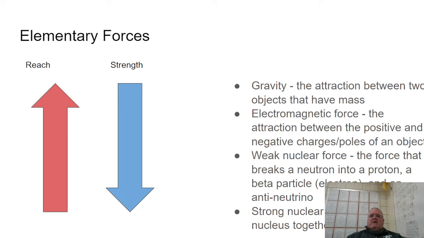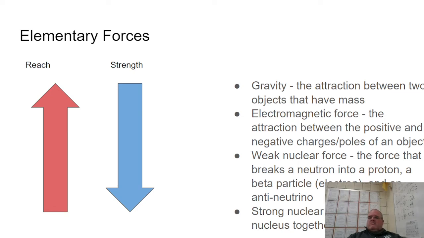The electromagnetic force has the next longest reach, because then we're looking at the attraction of opposite charges or poles, or the repulsion of like charges or poles, and that only acts over a fairly short distance.